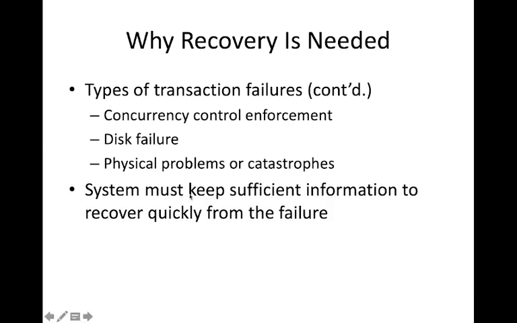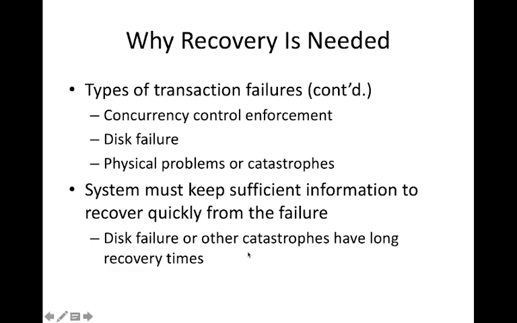Systems must keep sufficient information to recover quickly from these failures. Disk failure or catastrophe has long recovery times because the hard disk is completely gone. Then there should be a backup disk or something like that, and we have to do such backup operations in order to recover the data.